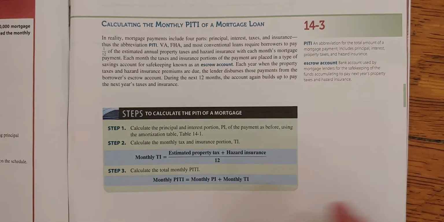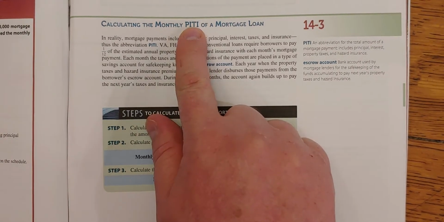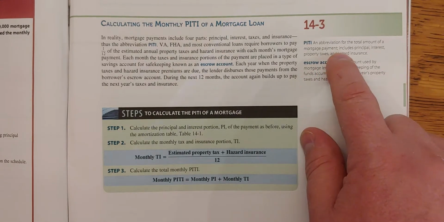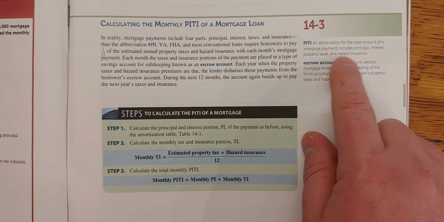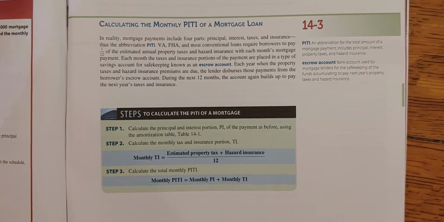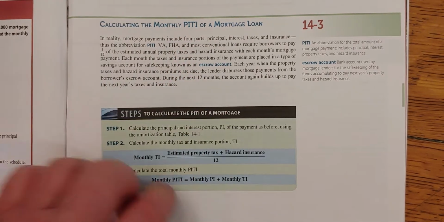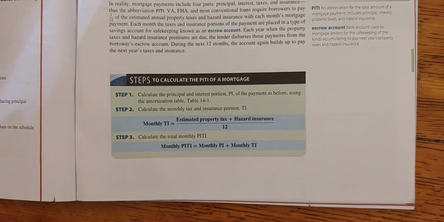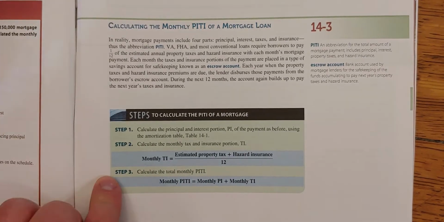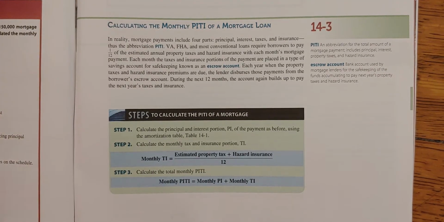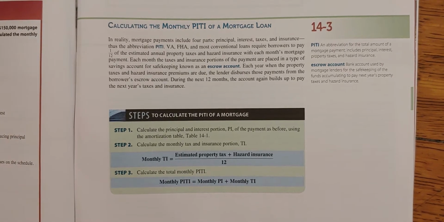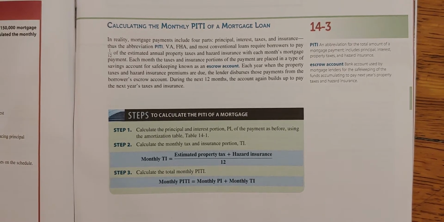So we take that principal and interest payment, all right, and then we add also to it tax, all right, and insurance. So your homeowner's insurance. And the reason why we figure out a PITI payment is because sometimes, depending upon your credit score, your credit history, the lender might require that they gather your tax due each year, your annual taxes on your property taxes, as well as your homeowner's insurance.